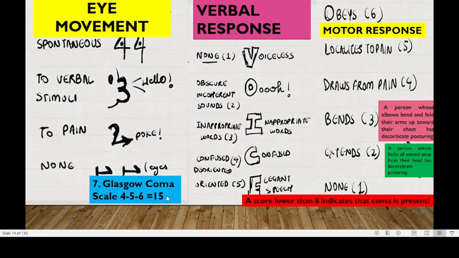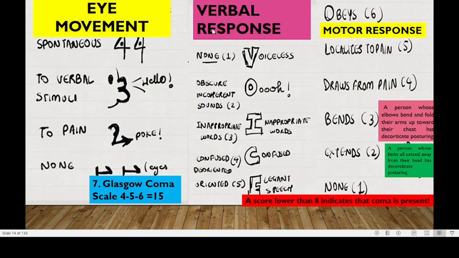The lowest score someone can get is 3. A score of less than 8 indicates coma, so this patient needs to be managed appropriately. In eye movement, we could have spontaneous, or responding to stimuli, or to pain with a 2, or none, where you give 1.